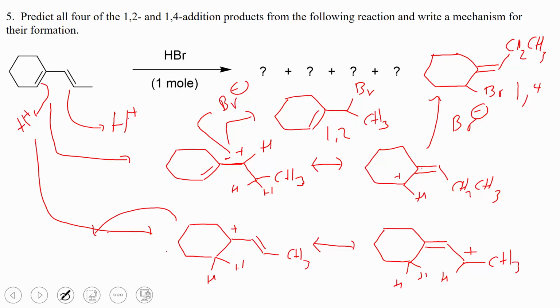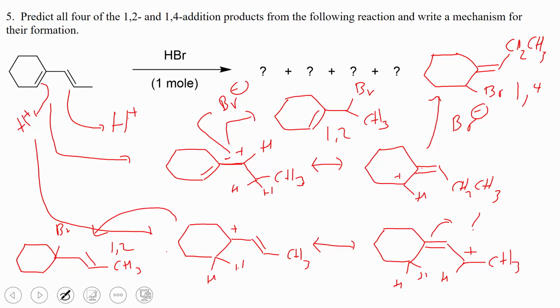Okay, I'm going to run out of room to write the last one. I'll try to work it in, but adding bromine to this one gives us this compound. This is our 1,2 product from adding hydrogen to that end of the diene system.